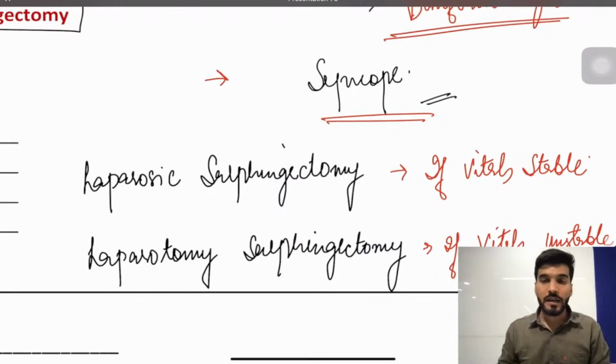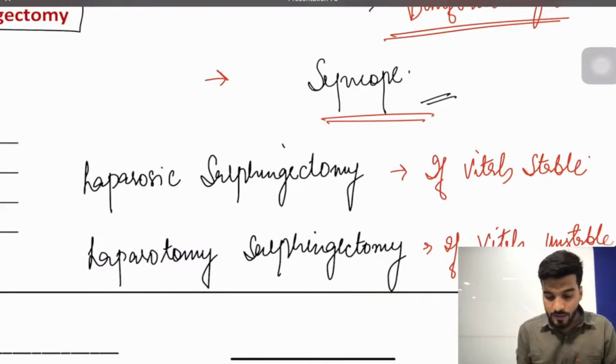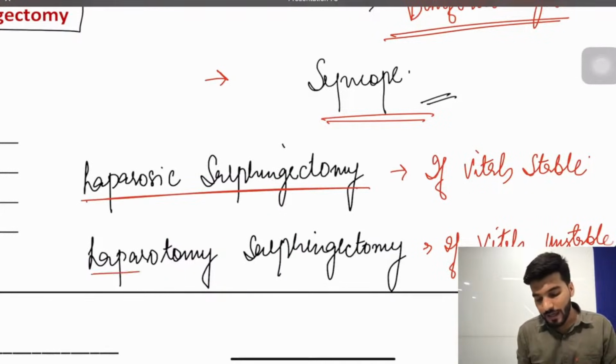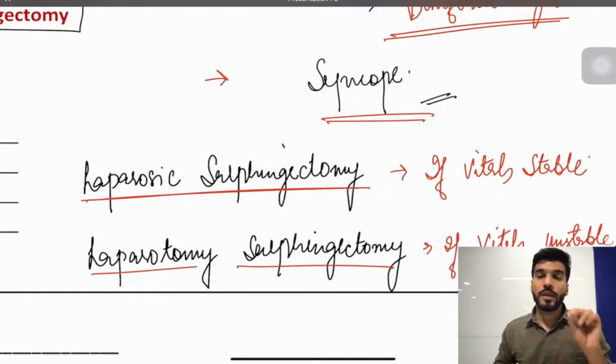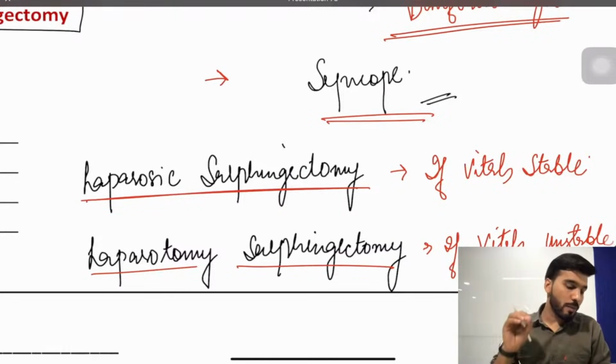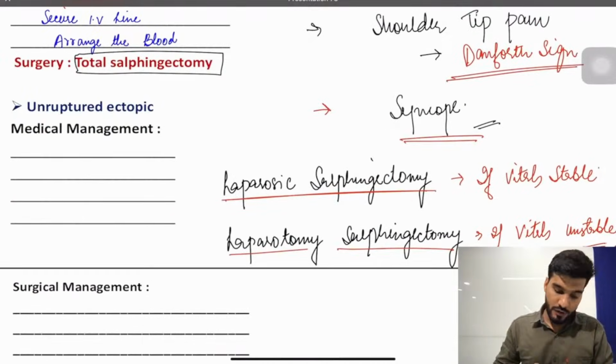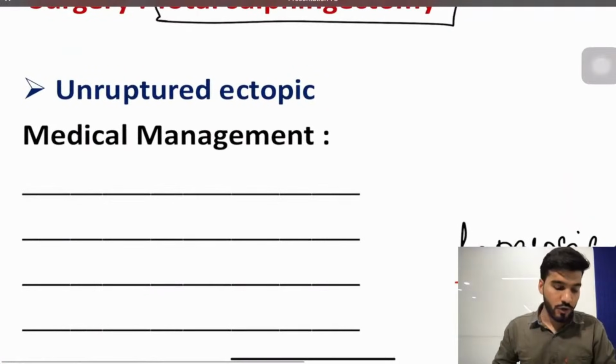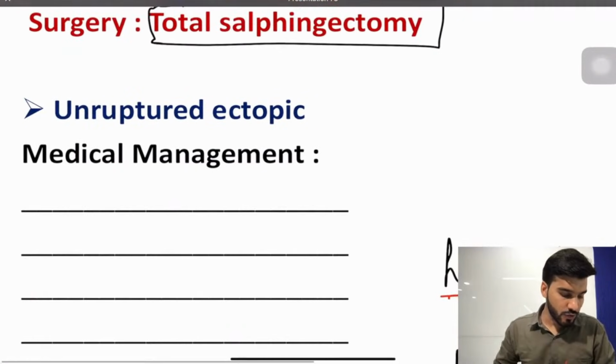The patient is already having hypotension, it will cause further hypotension and eventually the symptoms will worsen. So always remember, we'll go for laparoscopic salpingectomy only when the vitals are stable. If the vitals are unstable, your answer is going to be laparotomy salpingectomy. Is that clear to everyone?